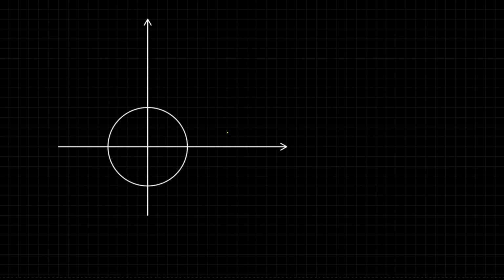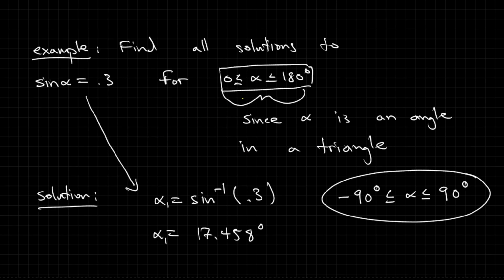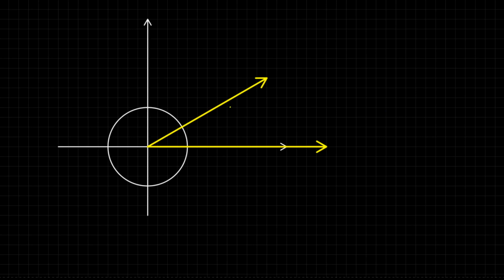What that means in terms of the unit circle is that we found an angle in the first quadrant. I know it's in the first quadrant because my alpha that I solved for using the inverse trigonometric function has to be between negative 90 degrees and 90 degrees, which tells me that it has to be in either quadrant 1 or quadrant 4. Those are the only two possibilities because that's where negative 90 degrees and 90 degrees are.